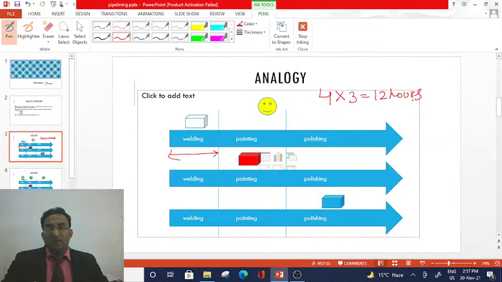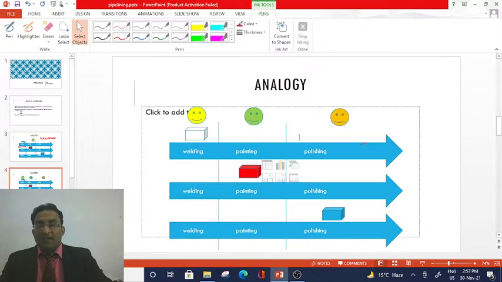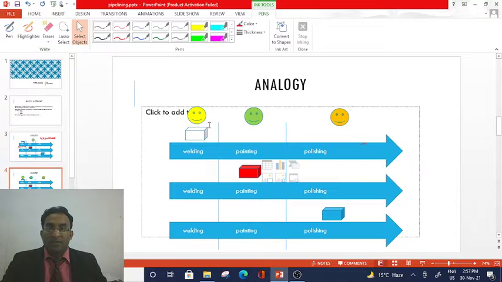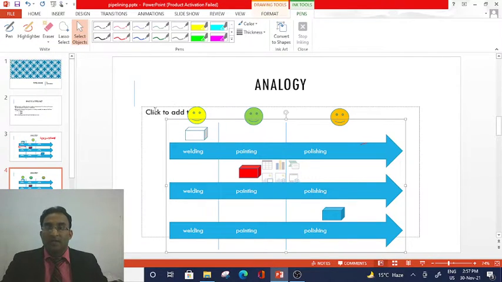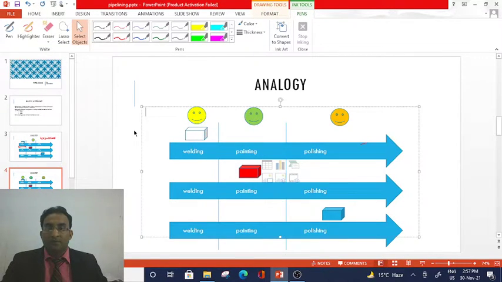But the concept of pipelining says that these 3 stages, welding, painting and polishing, are independent of each other. Now suppose in a factory there are 3 persons doing different jobs: one performs only the welding work, one only the painting work, and one only the polishing work.